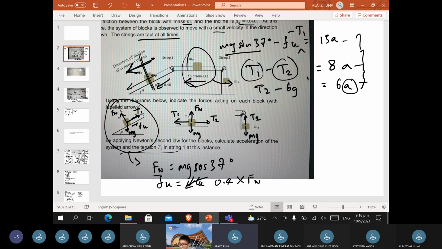That's why I put mg minus T1. Correspondingly, I can also assume that my initial acceleration is going the other way. If that was the case, my equation would be T1 minus mg sine 37. So as long as you're consistent, it's okay.